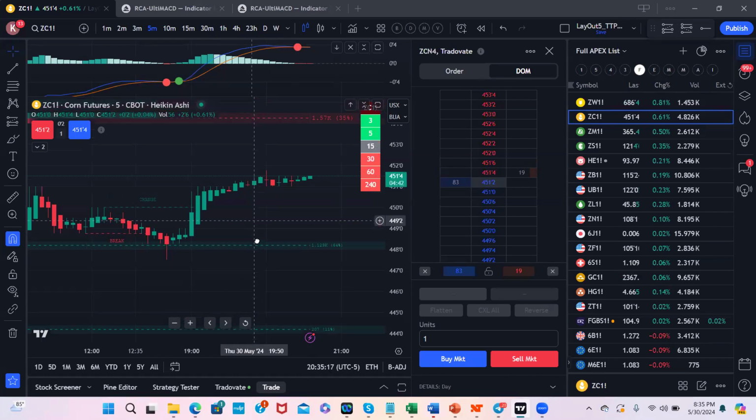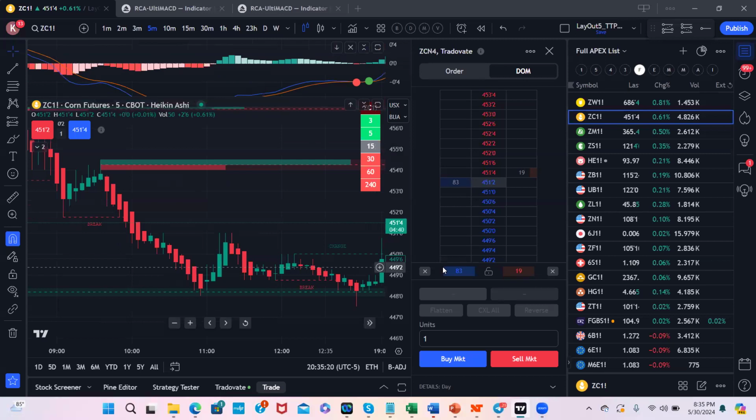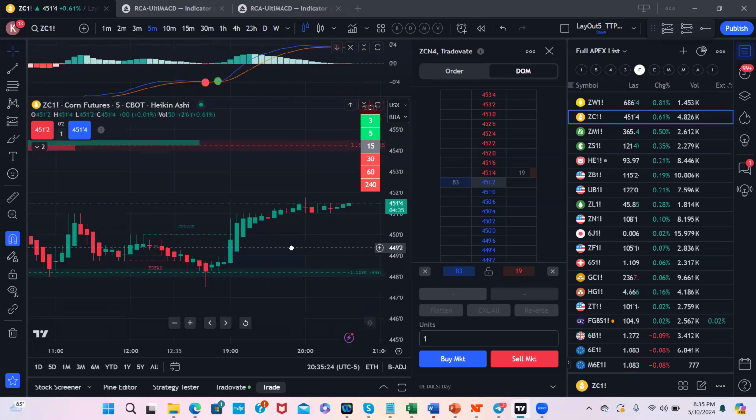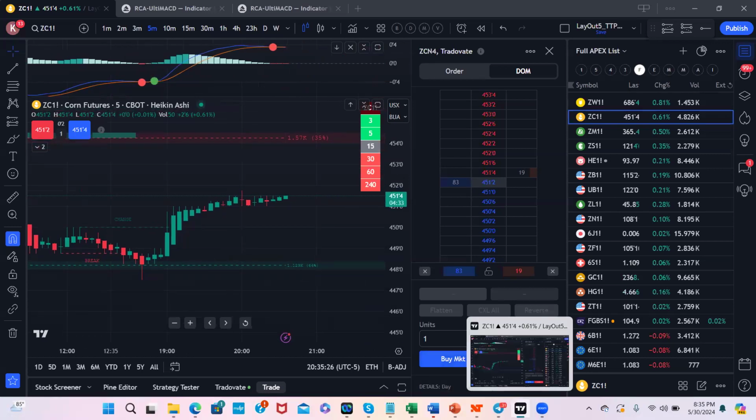Longer time frames, it is bearish. And we can use long only.